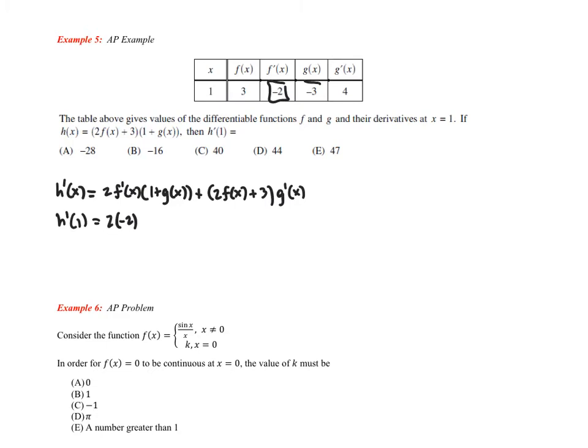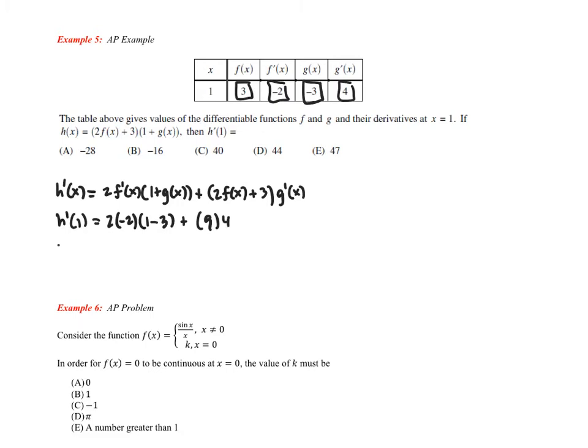So g at 1 is negative 3. So this will be 1 minus 3 plus 2 times f at 1. F at 1 is 3, so it'll be 6 plus 3, which will be 9, times g prime at 1, which will be 4.